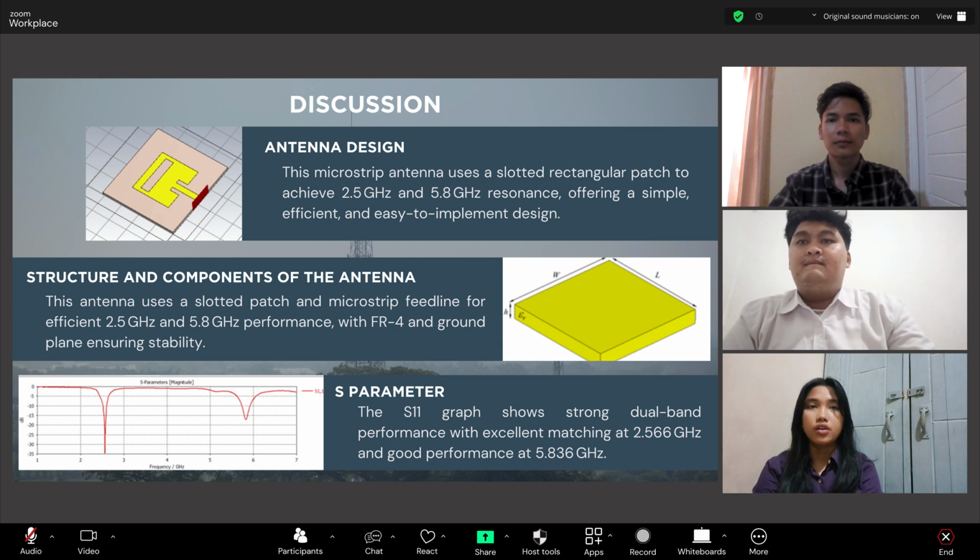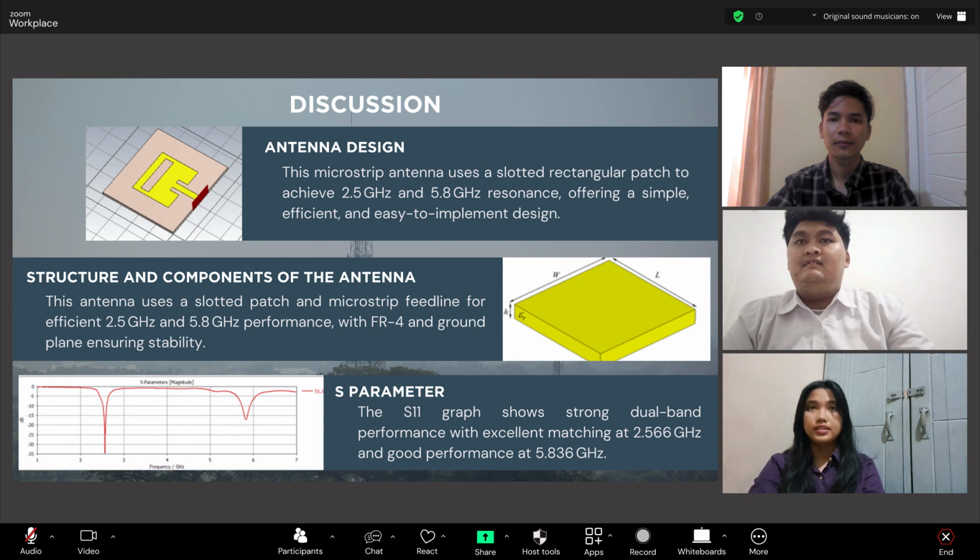And then the third one is the feed line. The feed line connects the RF source to the patch and is placed beneath it. Designed using the microstrip line feeding method, it ensures efficient power transfer and 50 ohm impedance matching. And the fourth is the ground plane.